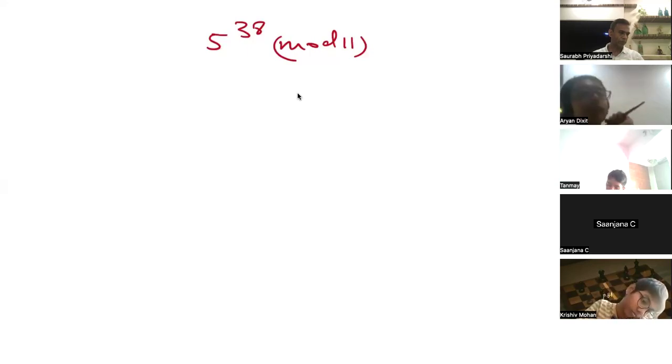We have to find 5 to the power 38 mod 11, the remainder.